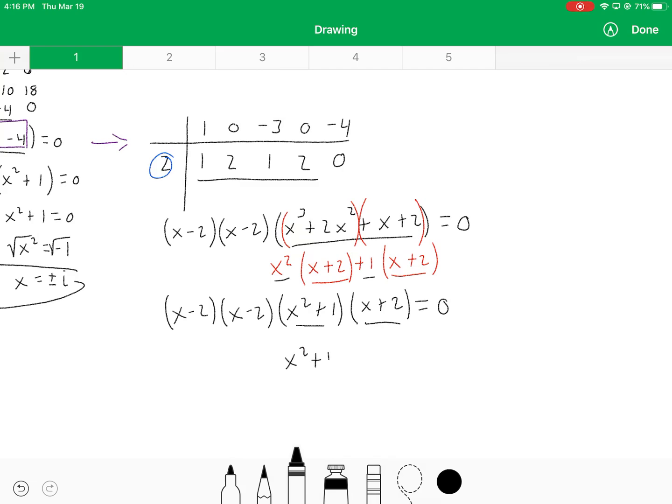I can take the x squared plus 1, set it equal to 0. I can take the x plus 2, set it equal to 0. It's going to lead me to the plus or minus i and the negative 2, in addition to the 2 that we got twice from the first two divisions.